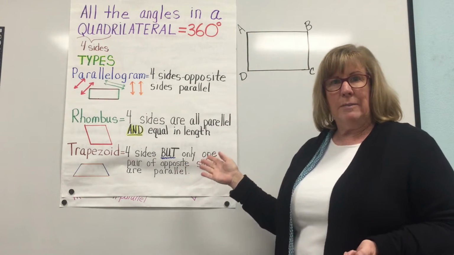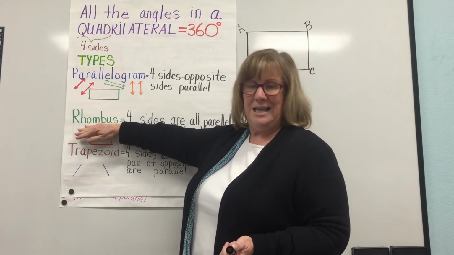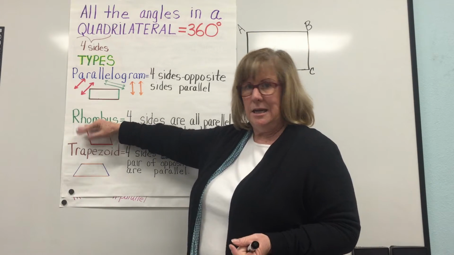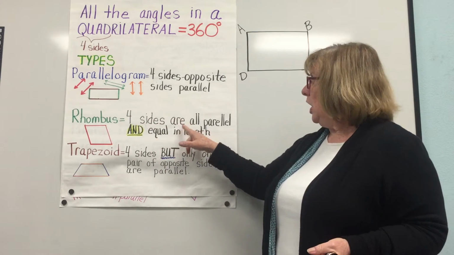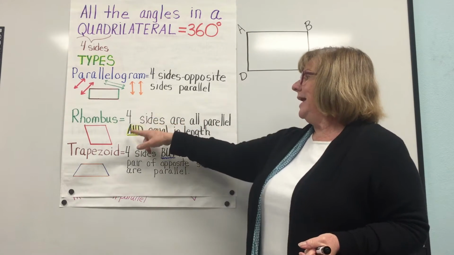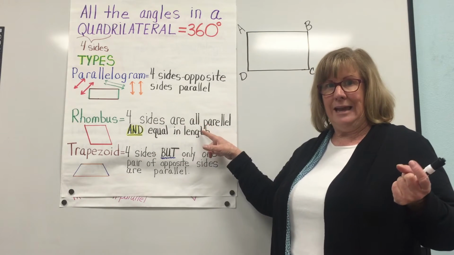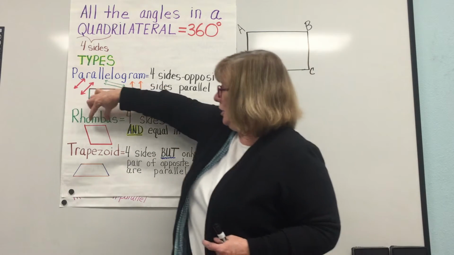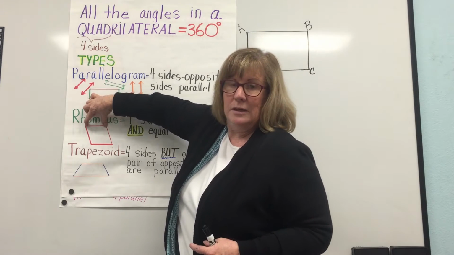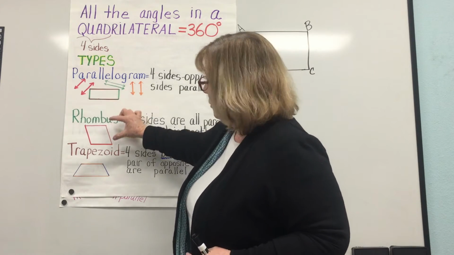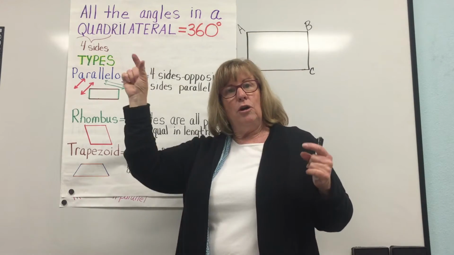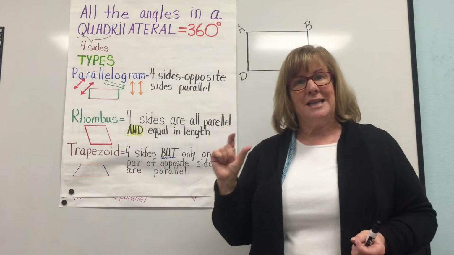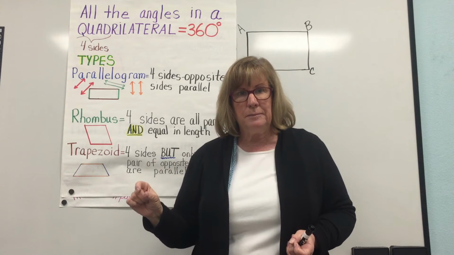The second one we're going to talk about is called a rhombus. A rhombus has 4 sides, all parallel and equal in length. So if I measure this top side with the bottom, with the left side, they're all going to have the same exact measurement.